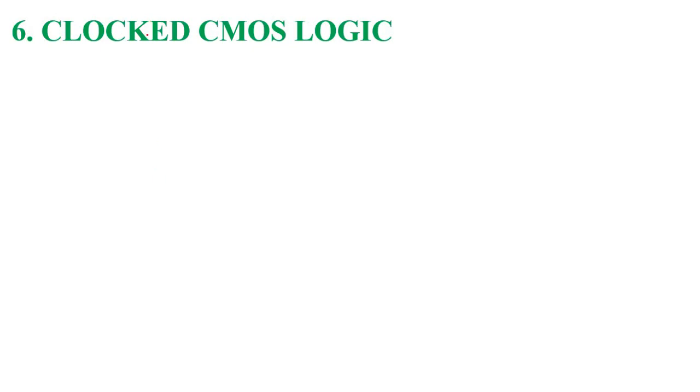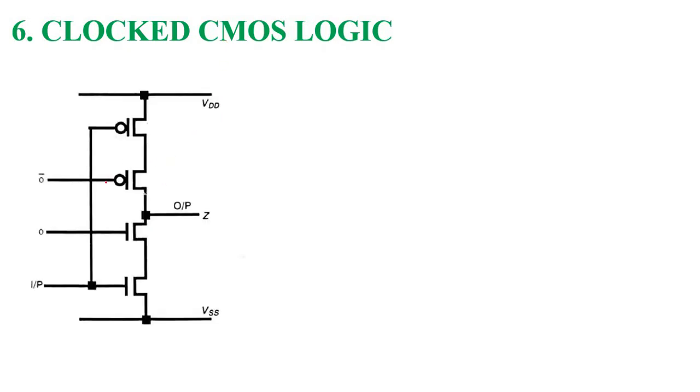And the last one is clocked CMOS logic. Clocked CMOS logic is simply called C-square logic. We know the CMOS inverter has one N and one P transistor. But here one more P transistor is included and one more N transistor is included.